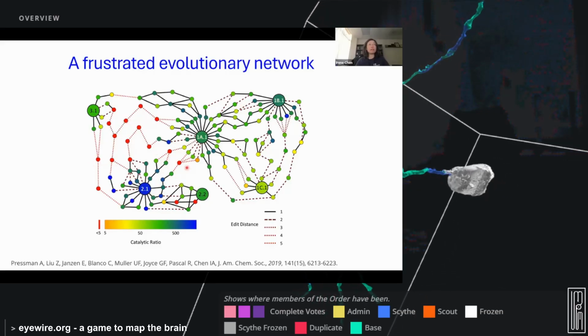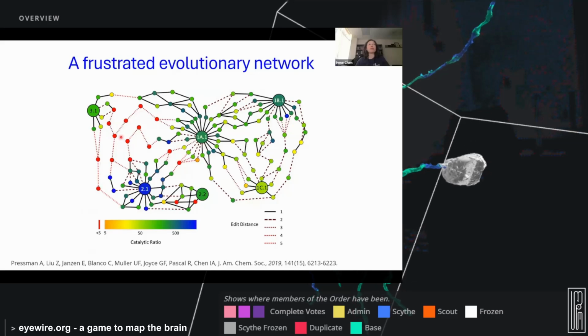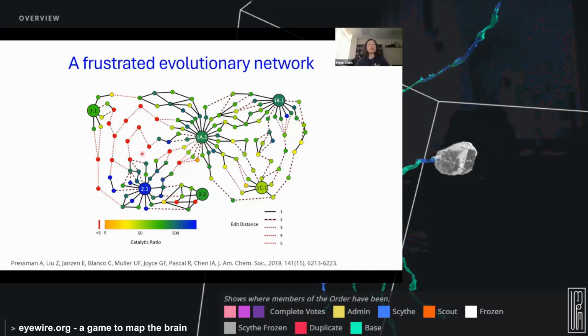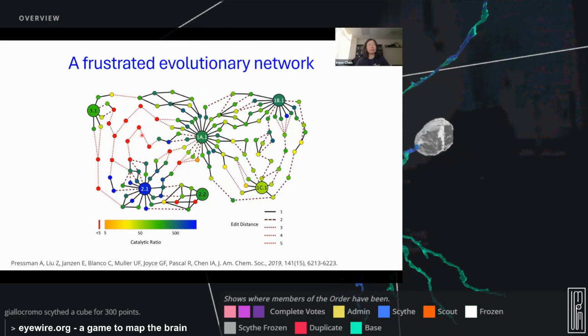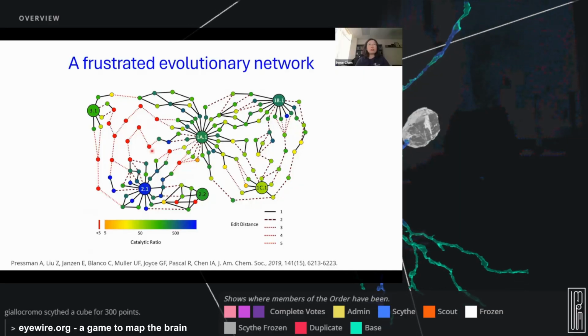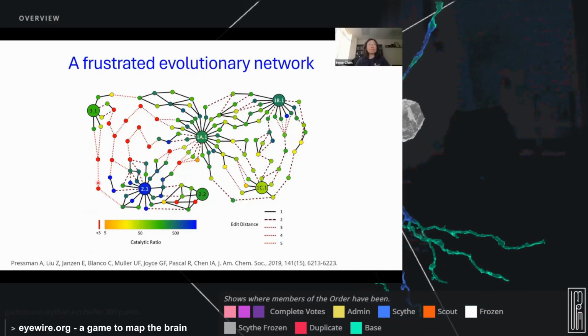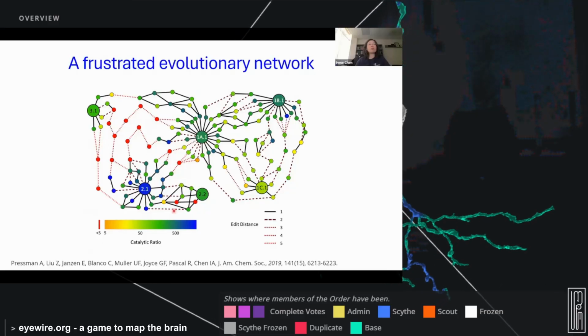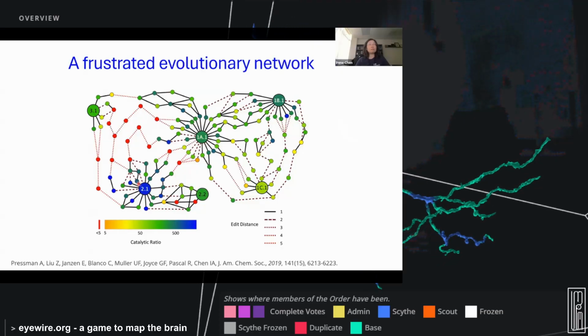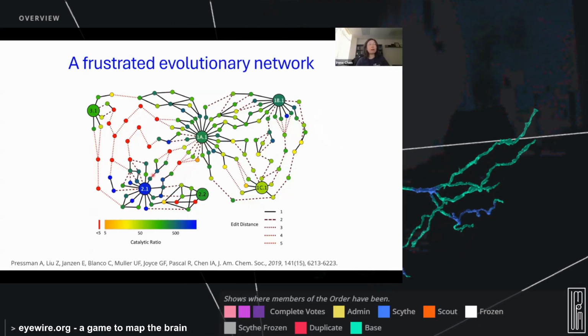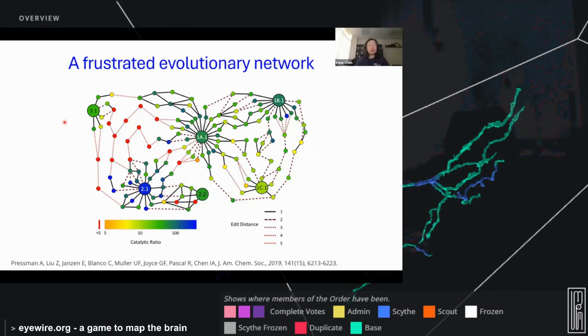And these red dots are indicating places where there's very little catalytic activity. And then these dotted lines mean that many mutations are required to get from one dot to the next. So there's this large valley between 2.1 and 2.2, this optimum, and the rest of the landscape.